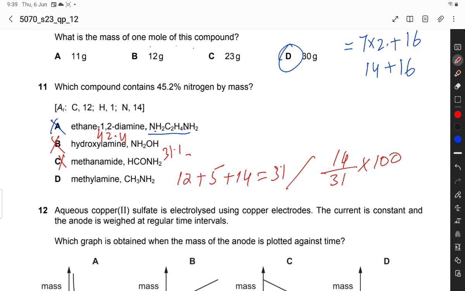So this is equal to 45.16, which is approximately 45.2%. So D option is correct option.